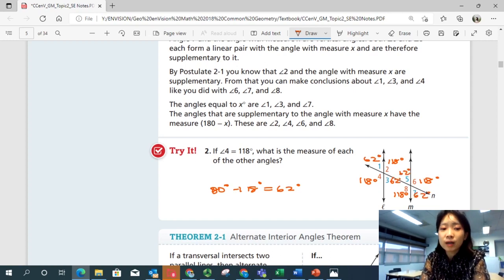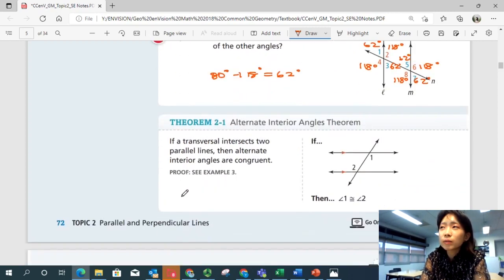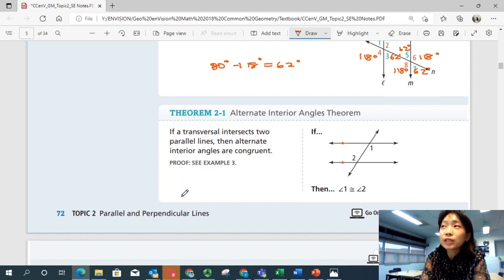Okay, got that correct? Good job. Let's look at theorem 2-1, alternate interior angles theorem. We know that same side interior angles are going to be supplementary. What about alternating interior angles? If a transversal intersects two parallel lines, then alternating interior angles are congruent.